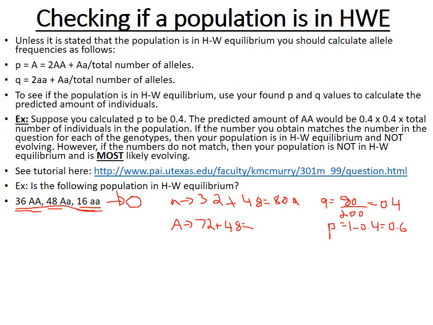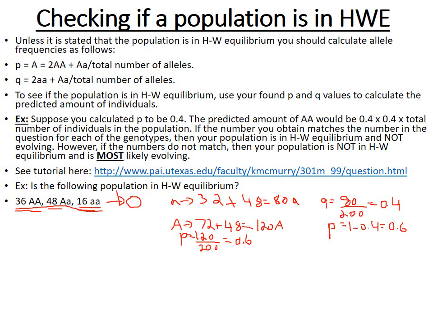That would have given you 120 big A's. And then you could have done your p is equal to 120 over 200 for the number of alleles total. And you would have obtained 0.6 as well. And then you could have found your q from your p there.